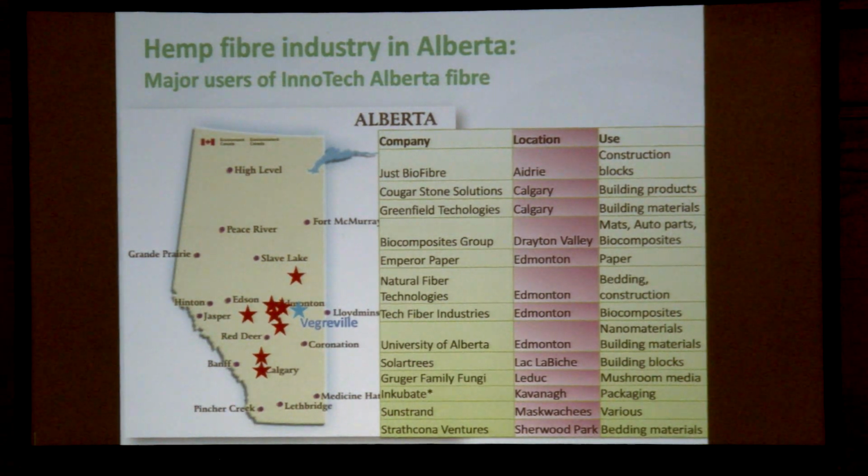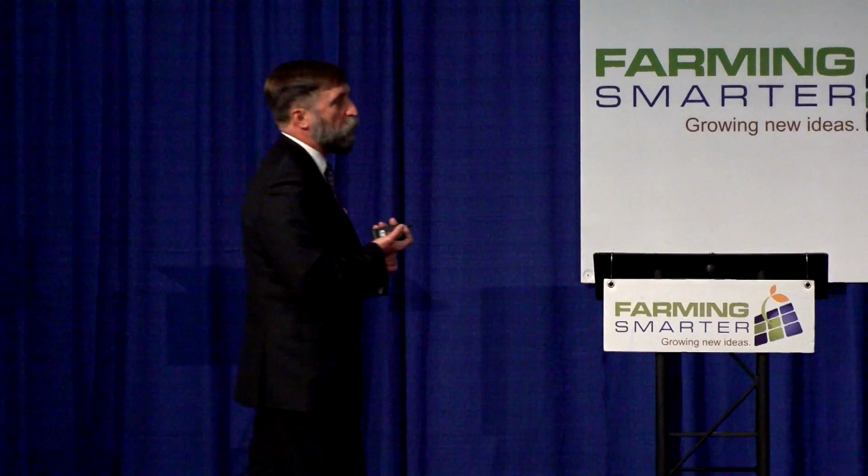So here is a list of our clients who are buying fiber, the 2 types, bast and hurd fiber, from us. You can see that we have a variety of industries that are already using it, for example, Drayton Valley biocomposites groups.